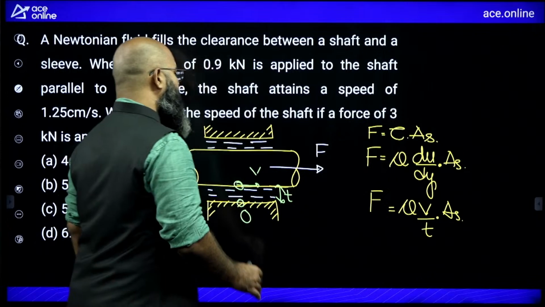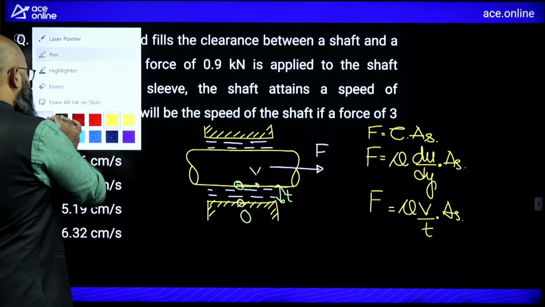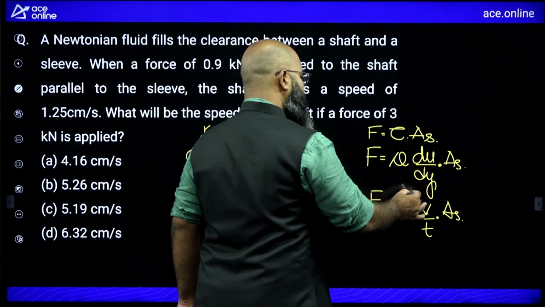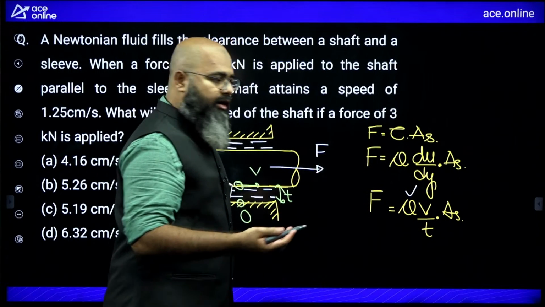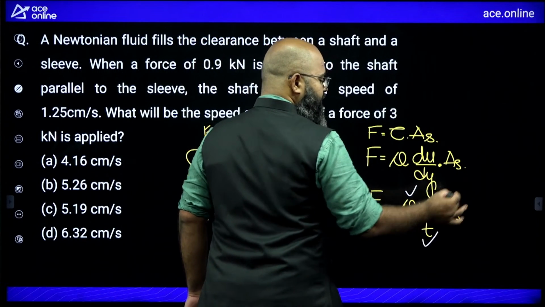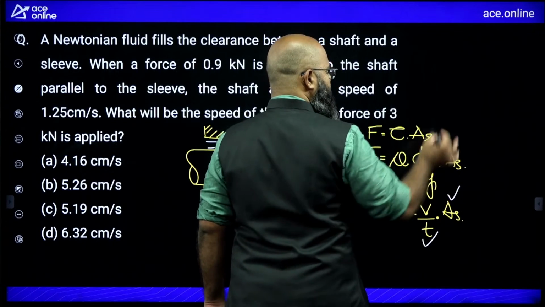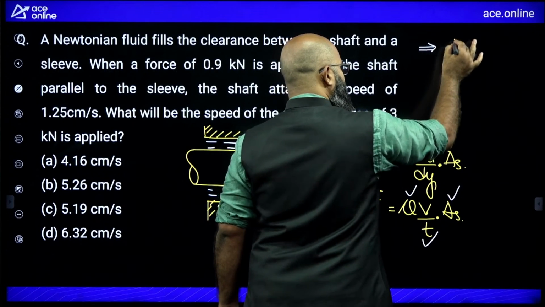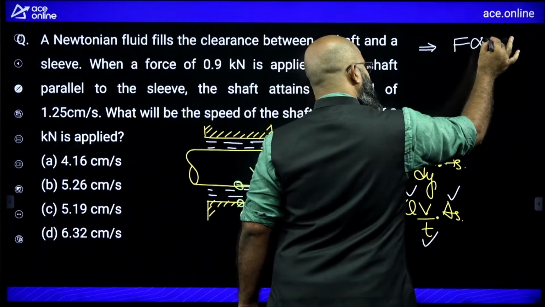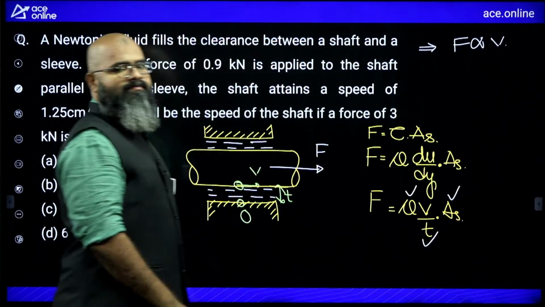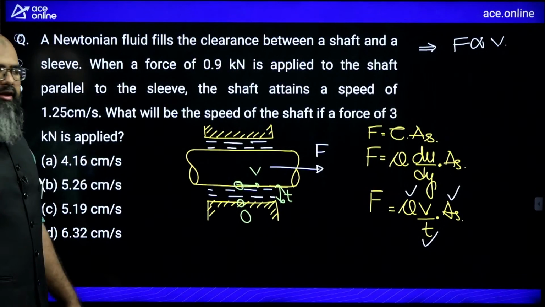Now if you observe over here, in this particular equation, mu is constant because we are not changing the fluid. The clearance is constant, therefore T is constant, shear area is constant. So this implies force is directly proportional to velocity.